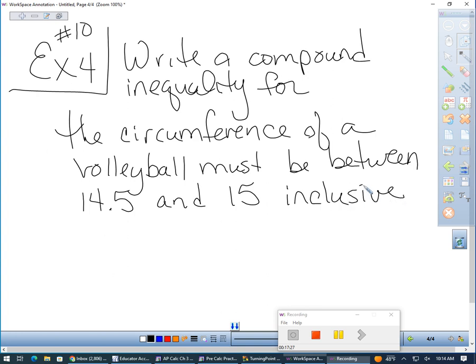It's not a word problem. Nope. So we're writing a compound inequality. What word falls between my two numbers? And. So this is going to be an and inequality.